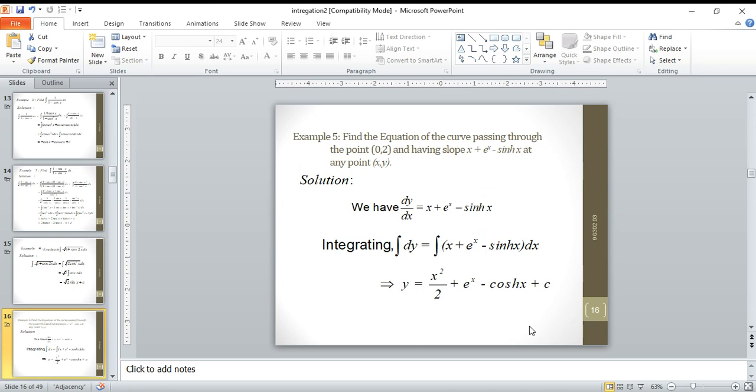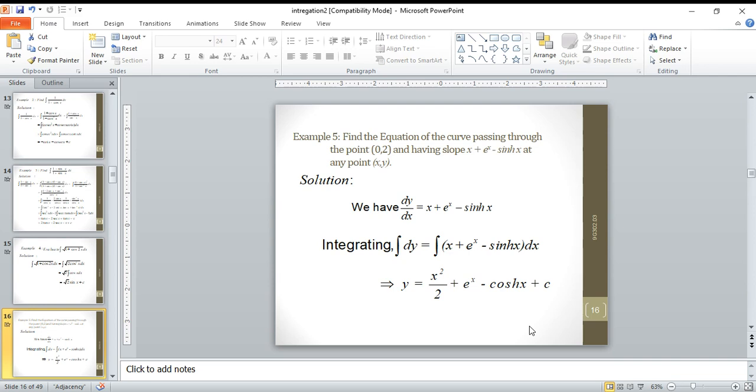Example 5. Find the equation of the curve passing through the point (0, 2) and having slope x plus e power x minus sinh x at any point (x, y). So once again, find the equation of the curve passing through the point (0, 2) and having slope x plus e power x minus sinh x at any point.